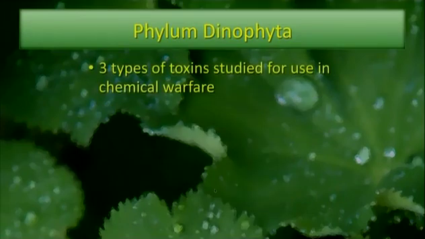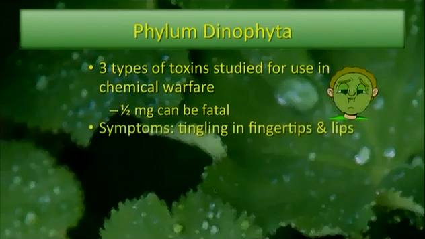So there are 3 types of toxins that are studied for use in chemical warfare. Half a milligram can be fatal of these dinoflagellate toxins. That's about the size of 2 periods at the end of a sentence. Some symptoms: tingling in the fingertips and in the lips.